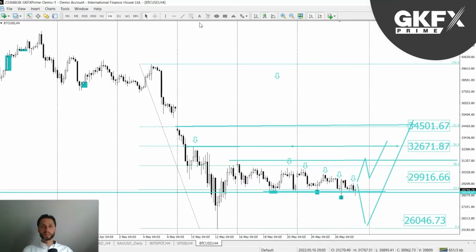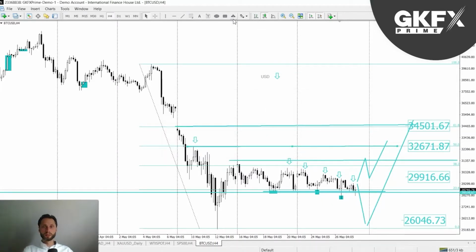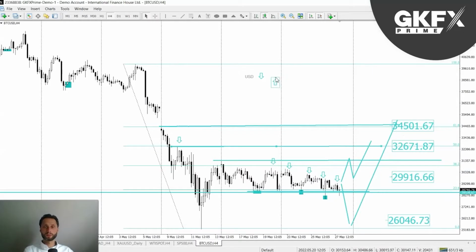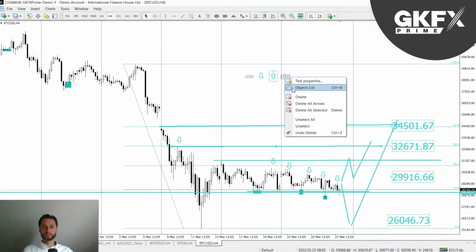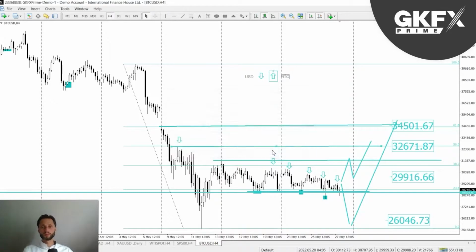Weakness in the dollar would mean the opposite for Bitcoin. So for currencies and for Bitcoin, it means that we're looking for strength in Bitcoin. So this is the correlation aspect of the market, and the market doesn't always do that, but more often than not, it follows these patterns of correlation.